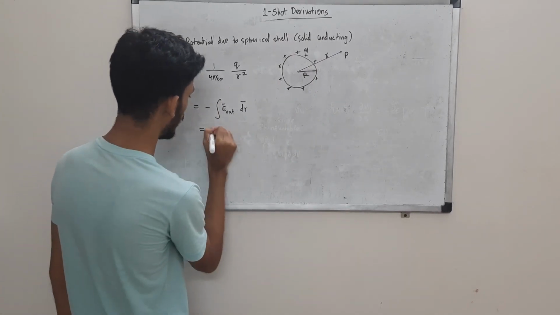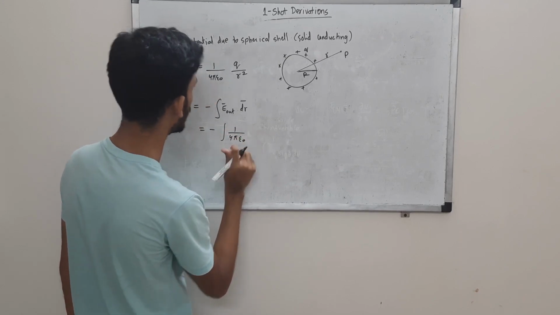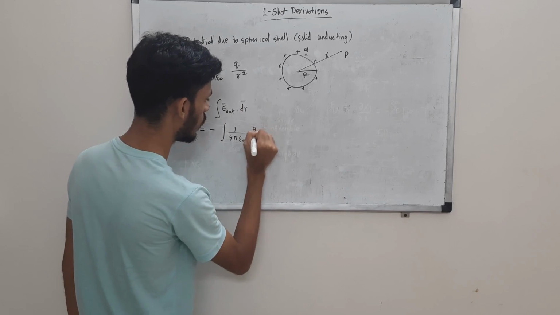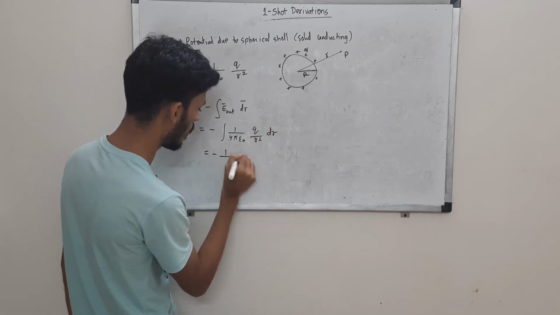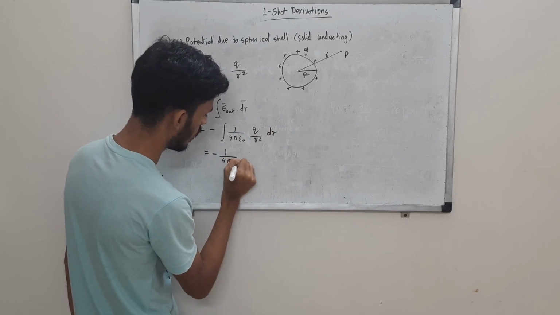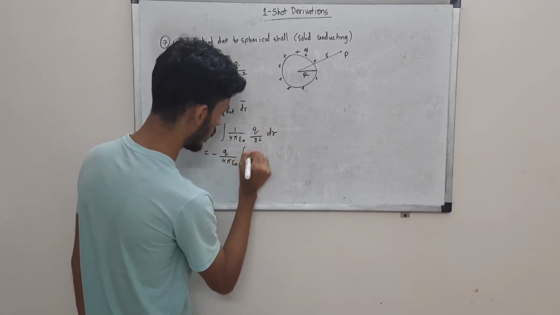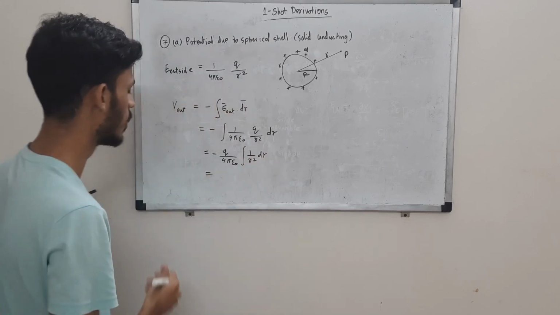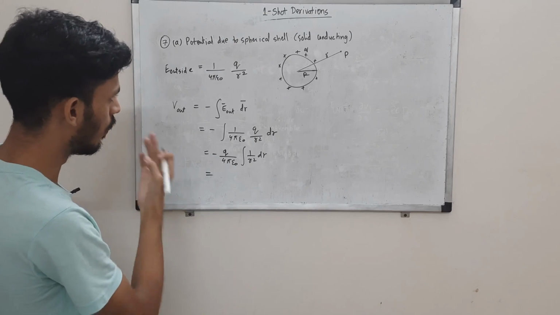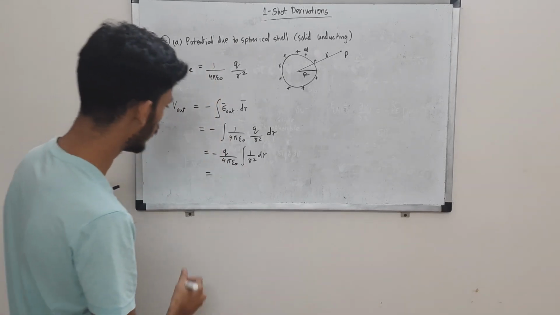Let us substitute the value of the field outside, which is 1 upon 4 pi epsilon naught, q by r square, dr. This constant will come out of the integral sign. Again, you are going to see the result will be the same as that of the point charge, basically because the results for your electric field are the same as that of the point charge.